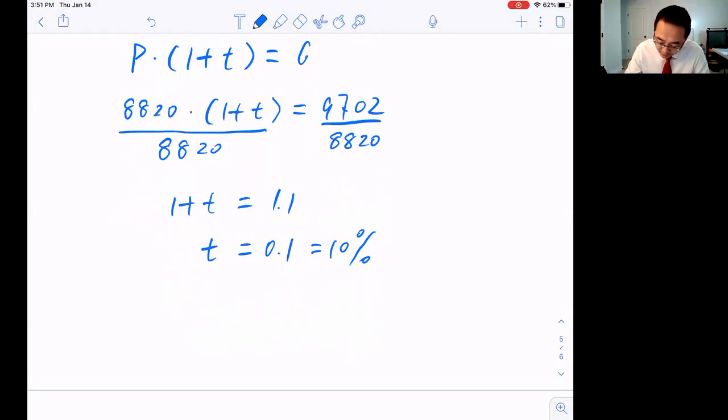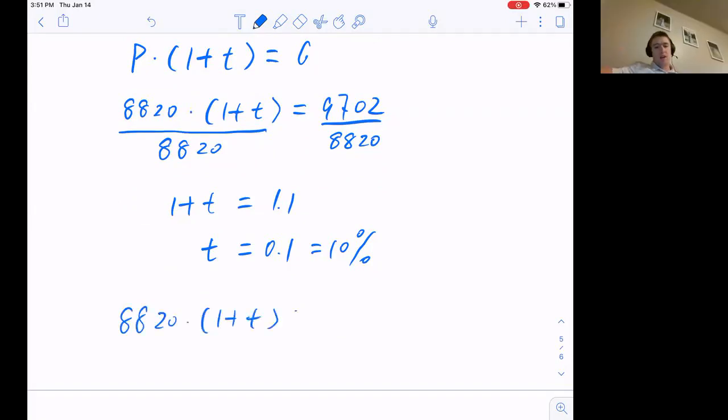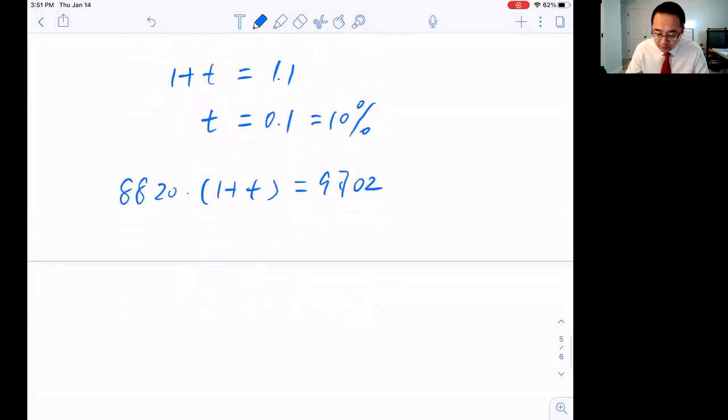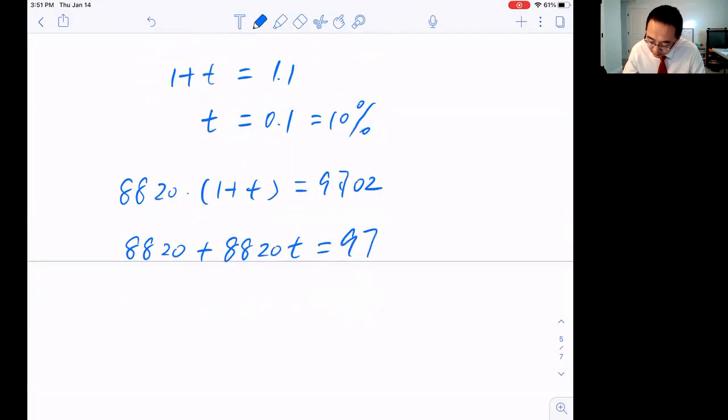So if you start right here, like we did just now, what you did was you skipped a couple steps, but you multiplied 88.20 into the parentheses. You got 88.20 plus 88.20t equals 97.02.